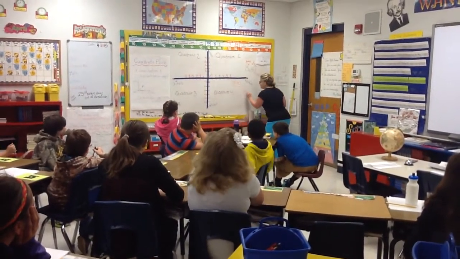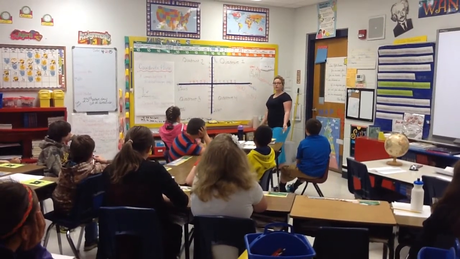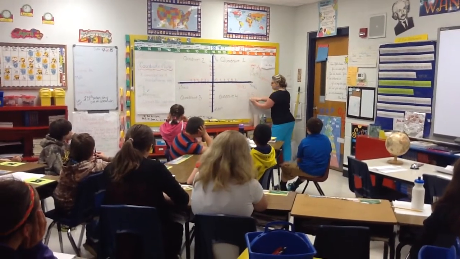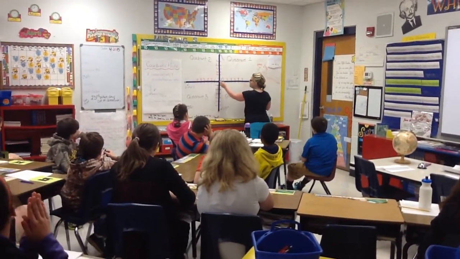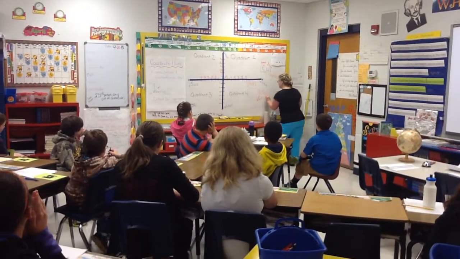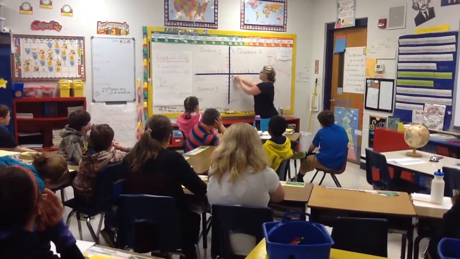Would this be an exact location on this coordinate plane? Yes. Let's see what it means. This means which axis? So I'm going how much? 0. This is my y-axis, and I need to do what with it? Go up 5.